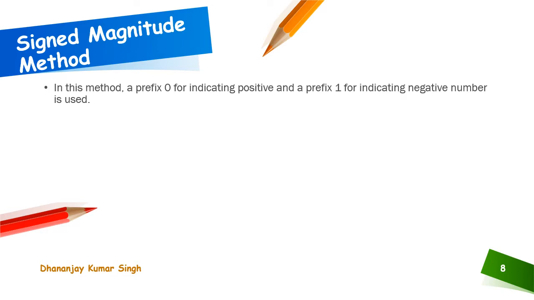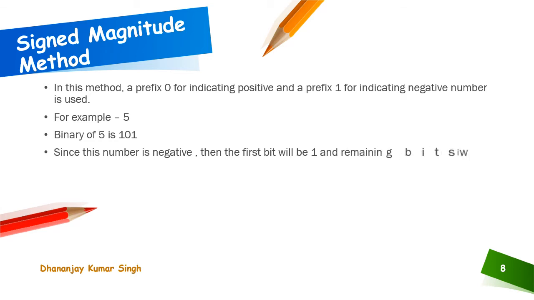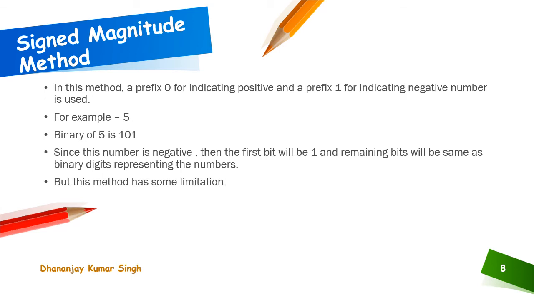If the number is negative, on the left side we put 1, that indicates the number is negative. For example, -5. We convert 5 to binary, that is 101. Since this number is negative, the first bit will be 1 and the remaining bits will be the same as the binary digits representing the number.